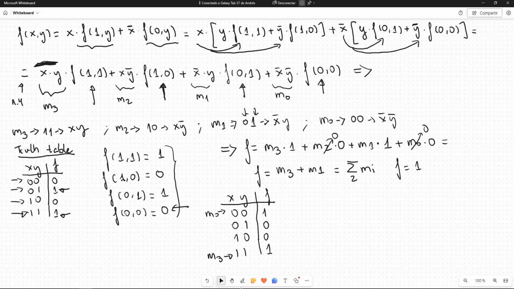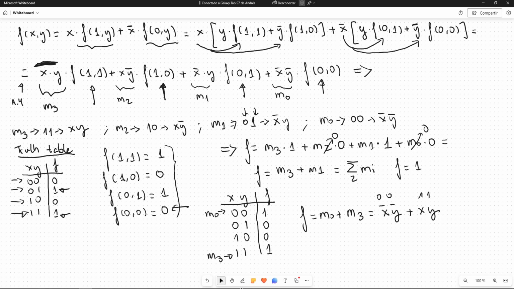So we know that the function is minterm 0 plus minterm 3. Minterm 0 is the product term in which both variables are negated, and minterm 3 is the minterm with no variable negated, because this is 1 1 and 0 0.